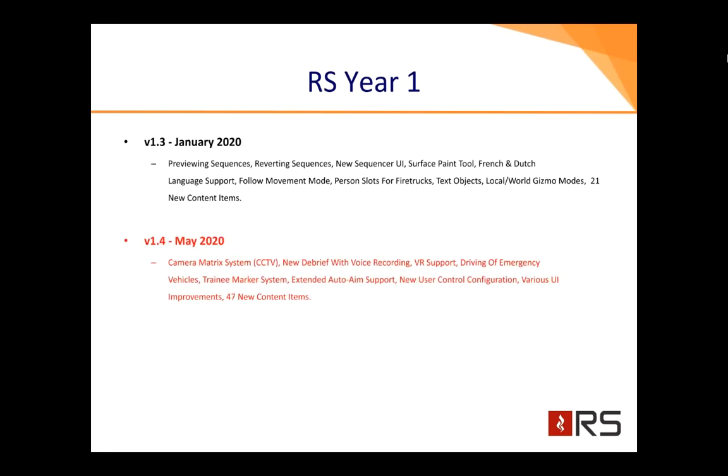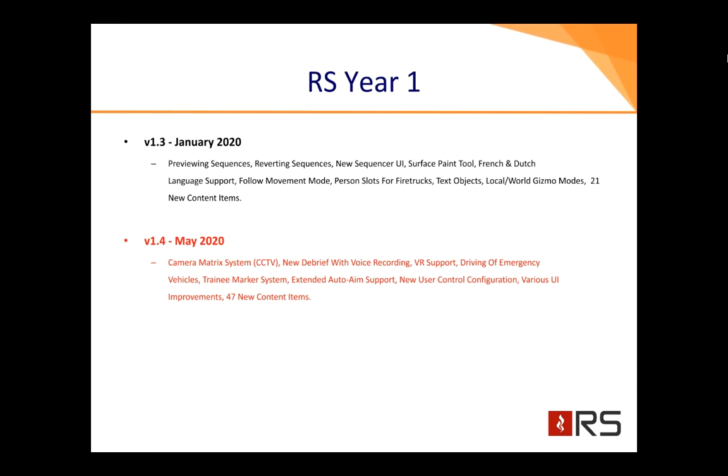Next slide, please. I will talk a little bit about the red text because this is version 1.4, which will be released in the next few weeks. So what we're doing with this version is we are enabling the first version of CCTV. So basically, this is functionality that allows you to simulate CCTV.